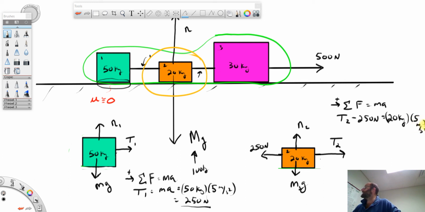Sorry for going off the screen there on you. And that can be solved for tension 2, no problem. That's going to be 100 plus 250, 350 newtons, acting on mass 2.